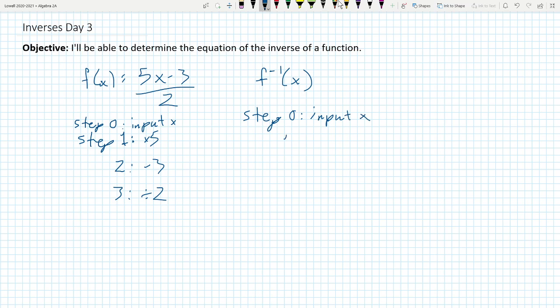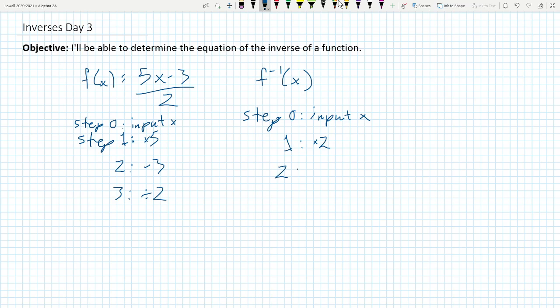And then we need to do the steps in backwards order, but also do the opposite of them. The last step in the original function was to divide by 2. So the first thing to do when we're undoing our steps is to multiply by 2. So this will go times 2.